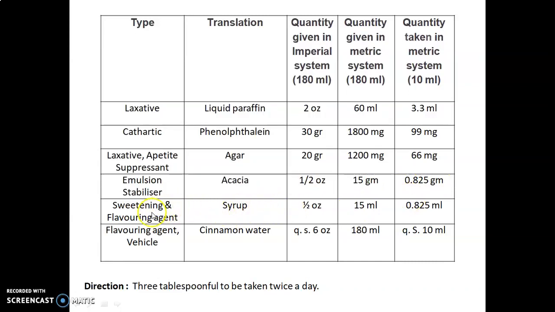Then syrup, a sweetening and flavoring agent, 1/2 ounce means 15 ml, again 0.825 ml. Cinnamon water, flavoring agent and vehicle, quantity sufficient 6 ounce, 180 ml, quantity sufficient to prepare up to 10 ml. Direction is 3 tablespoonful to be taken twice a day.